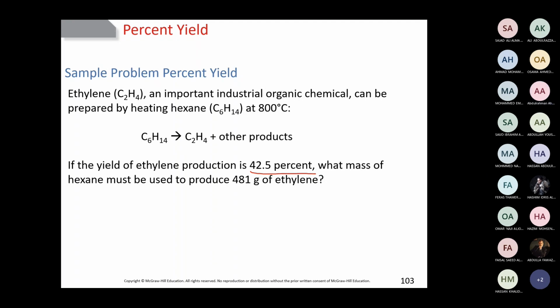Percent yield, exactly. So the percent yield is 42.5. What's the percent yield equal to? Actual over theoretical, multiplied by 100. Exactly. What information do you have in this question?